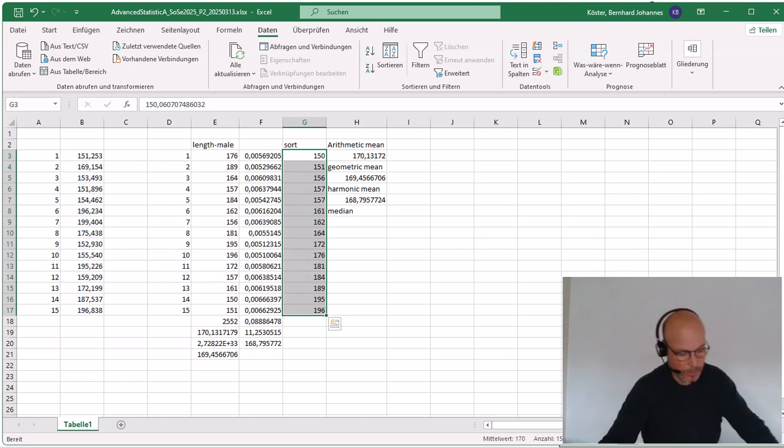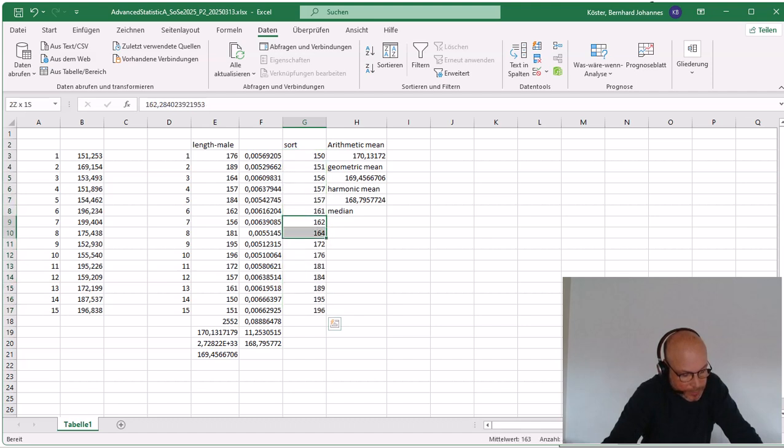163. Why do you say 163? You took the average of 7 and 8, but we have 15. So if we take 8, then we have the same number, 7 here and 7 here.